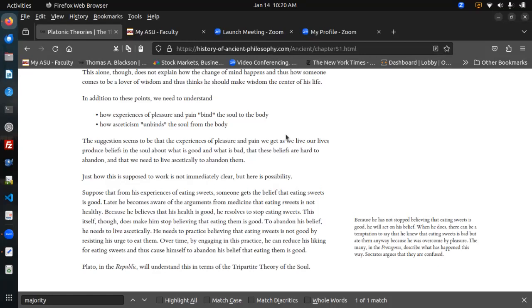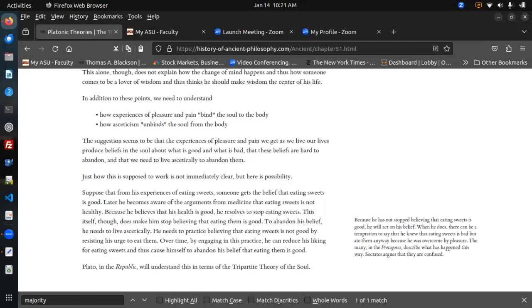I have to practice believing that eating sweets is not good by resisting the urge that comes upon me to eat them. And over time, as I get better at resisting this urge, I can reduce my liking for eating sweets and thus eventually abandon my belief that eating them is good, right? So what we see here is an explanation that Plato's trying out for why Socrates lived in the ascetic way he did.